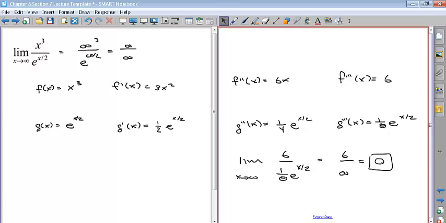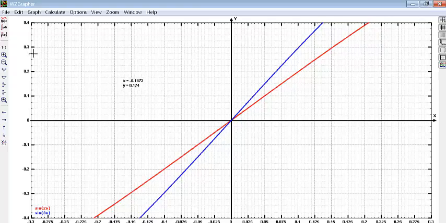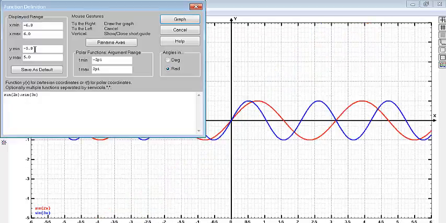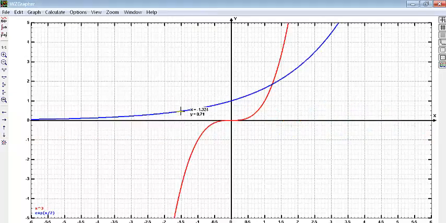Now let's look at a graph of those two things again. So if you have x cubed and you have e to the x divided by 2, if we plot those, you see this happening. Initially, the x cubed, which is the red curve, is below, and you can see how this one's rising more rapidly. So you'd think that the numerator, which is x cubed, would increase more quickly than the denominator.